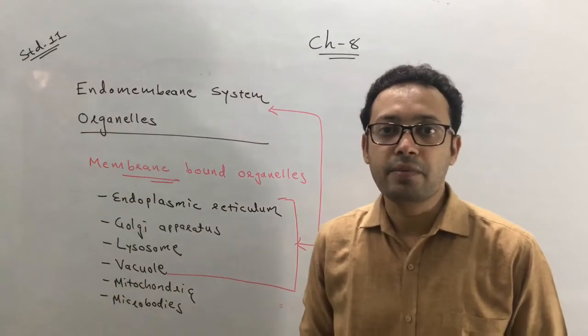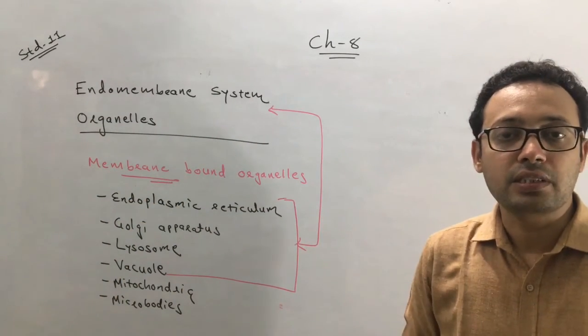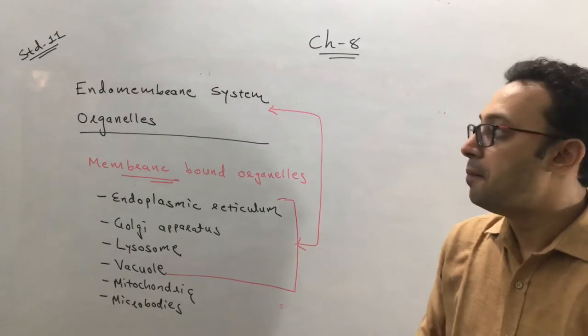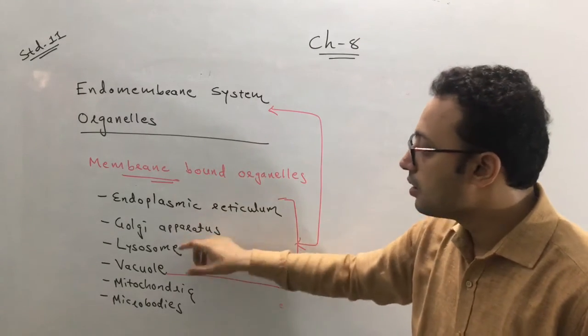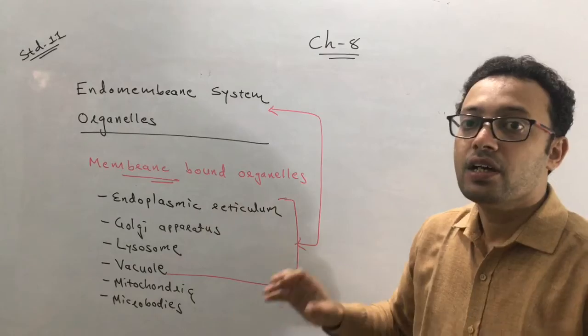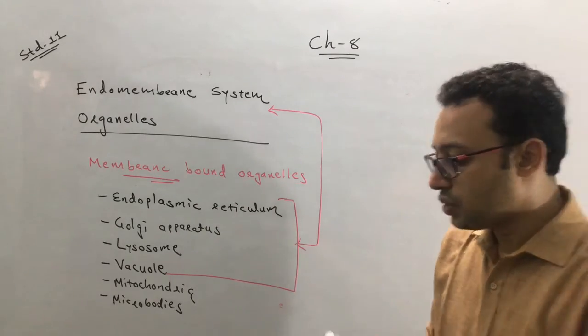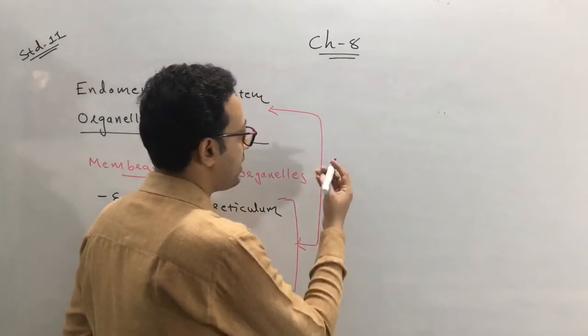So what are endomembrane system organelles? Endomembrane system organelles are the membrane bound organelles whose functions are coordinated. They show coordinated functions.